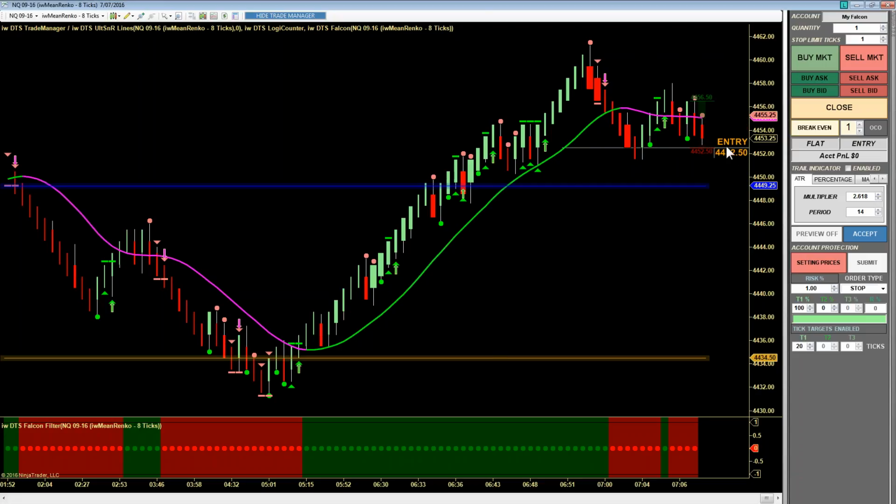All right, so if this bar closes on the low, we should get a signal. This is what I would consider a lower probability trade because of the uptrend.